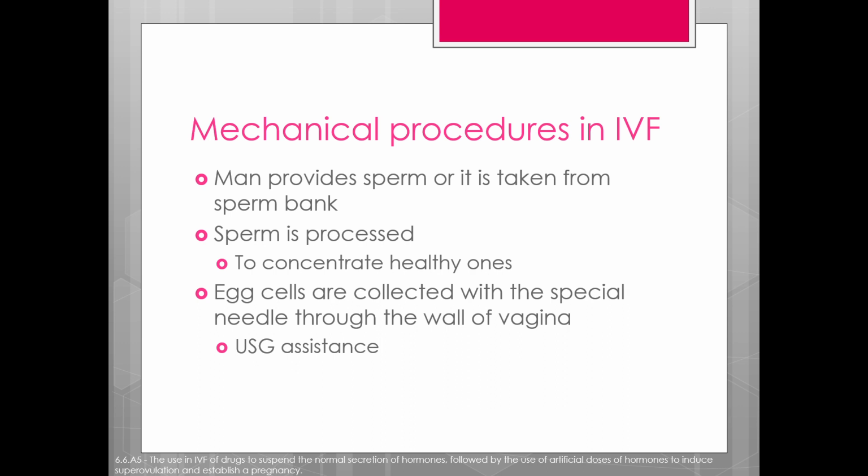And then, if we are sure that sperm cells are waiting ready, we collect egg cells. It is done through the wall of the vagina with a special needle, and it is assisted by ultrasound examination to make sure that each swollen and mature follicle will be found and each egg cell will be picked up.